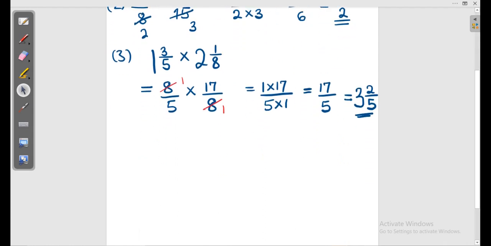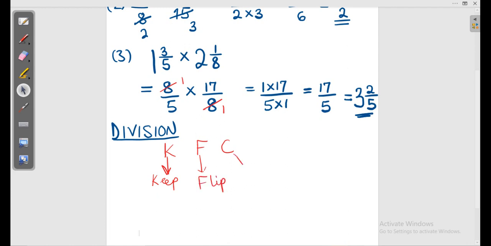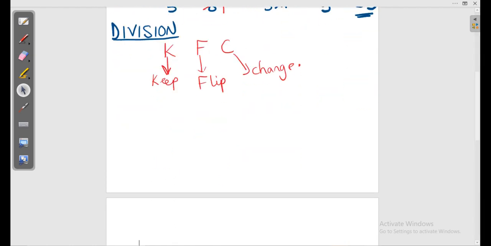Now let's look at division. I usually use this acronym KFC, which means keep, flip, change. And I'll tell you what that means. Now let's look at this beautiful question: 1 over 2 divided by 1 over 8.